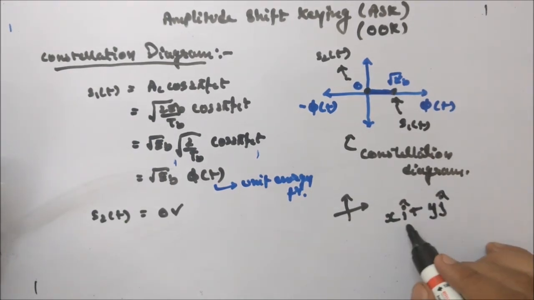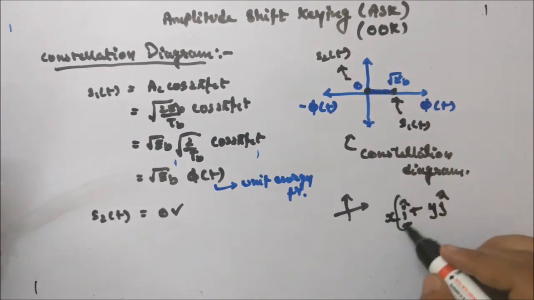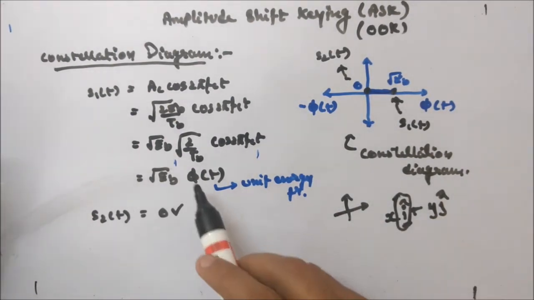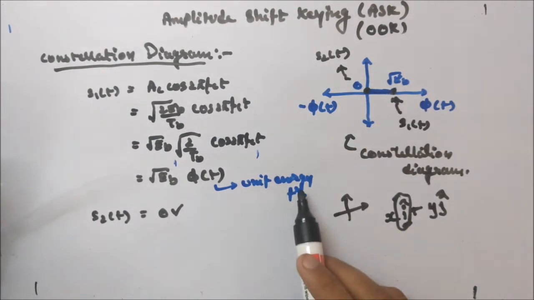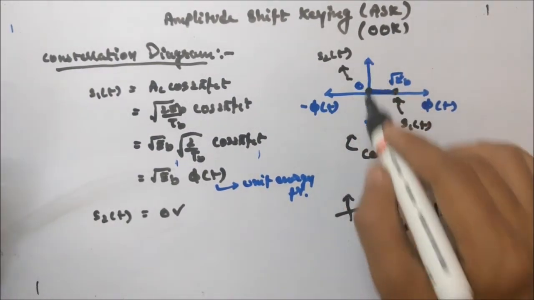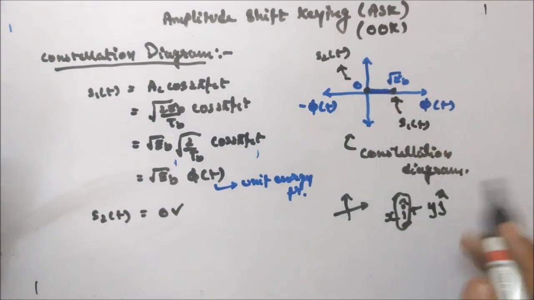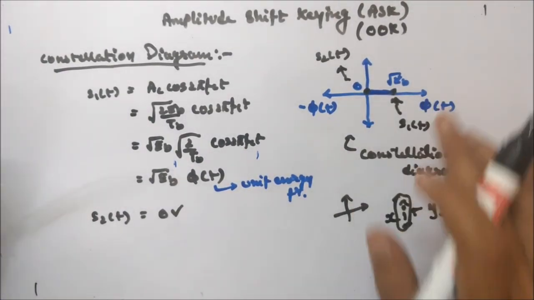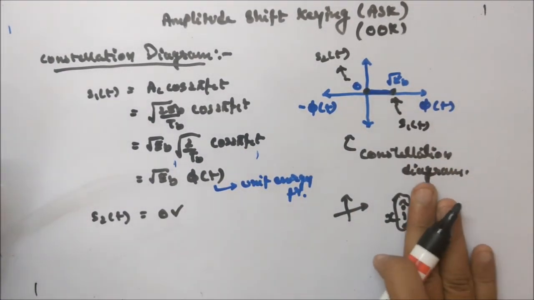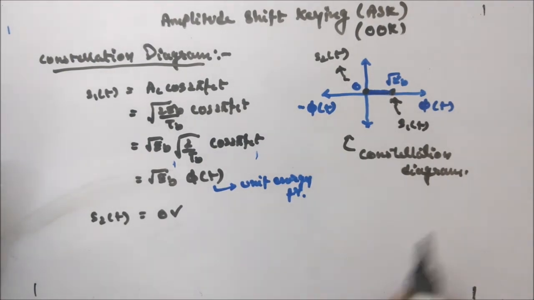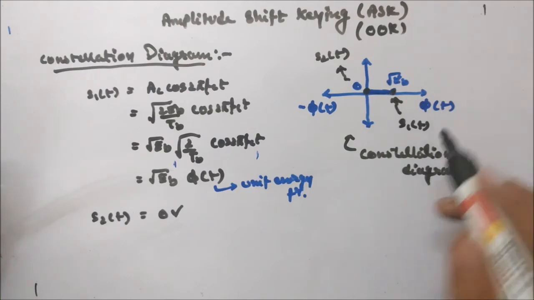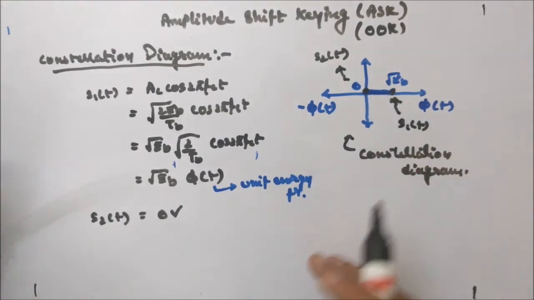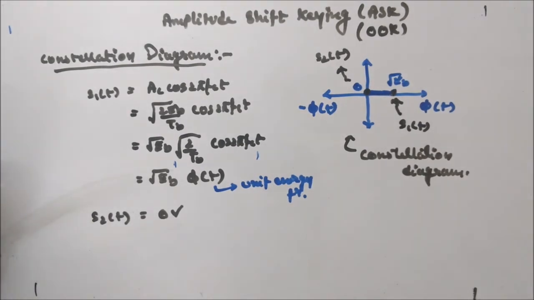So this i cap is a unit vector. Here phi t is your unit vector, and why is it a unit vector? Because it has unit energy. So they are energy axes. You can imagine it this way. If you want to plot some point in this diagram, you just have to represent it in terms of phi t's. With time you will see more of this, and you will get a good grasp of what I'm trying to say.